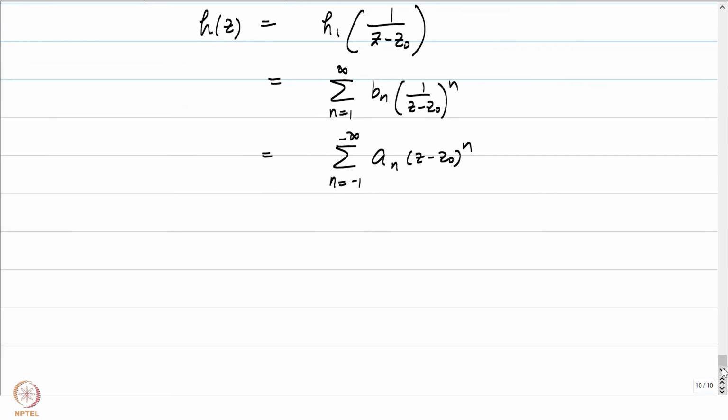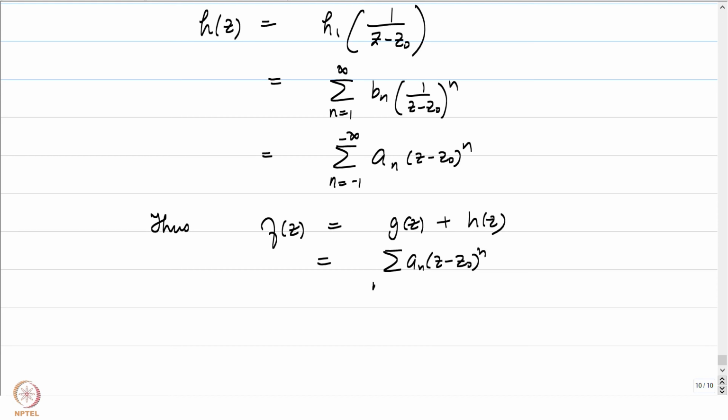And therefore f of z, which is equal to g of z plus h of z, we can write as summation a_n z minus z0 to the power n, where n goes from 0 to infinity, plus summation n from 1 to infinity of a_minus n z minus z0 to the power minus n.